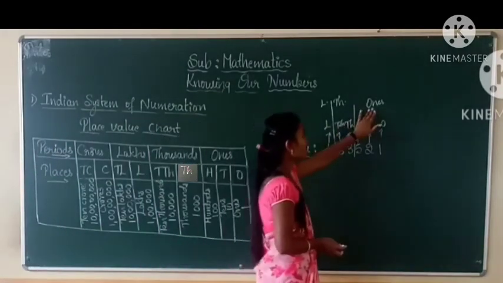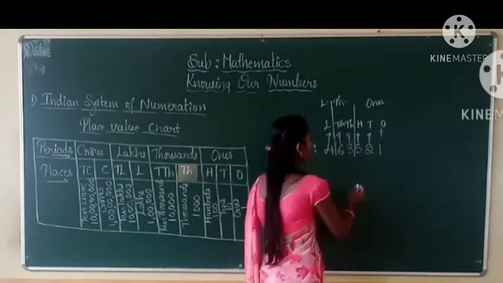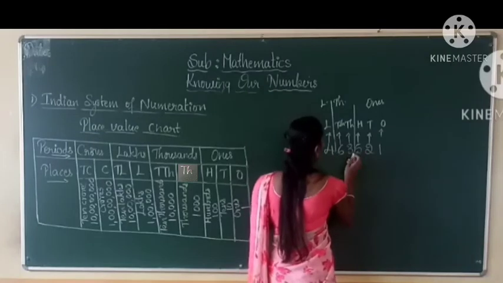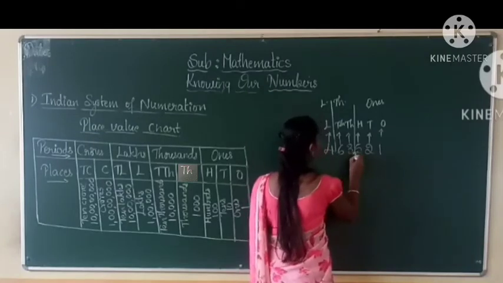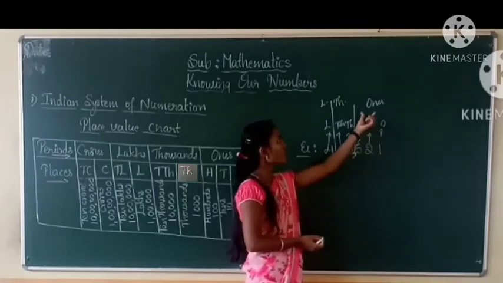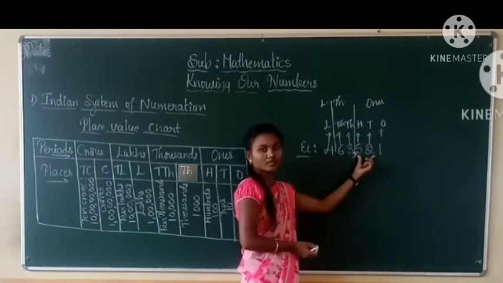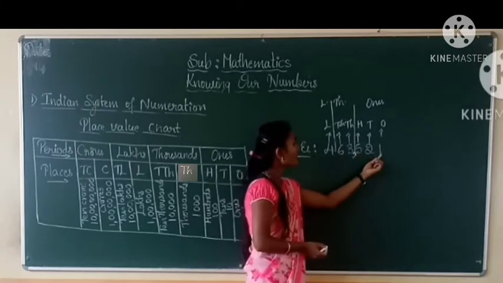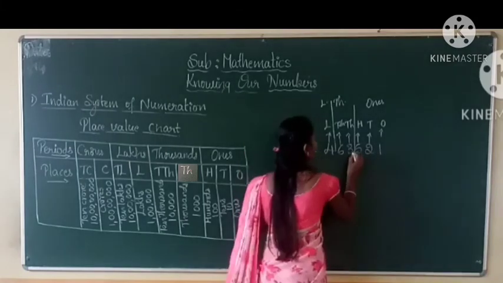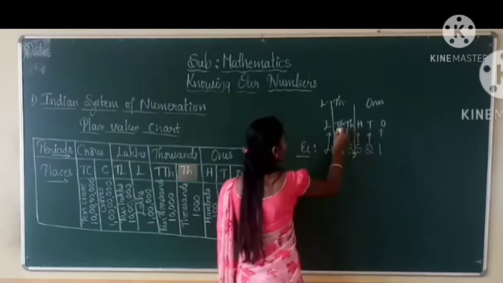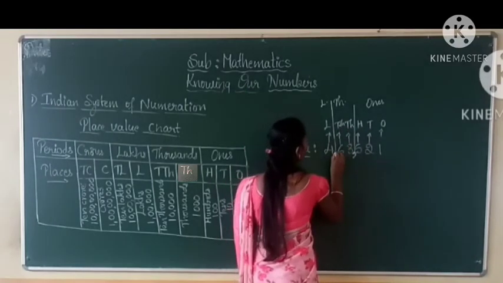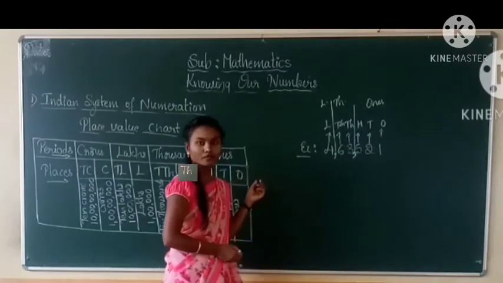The first period is ones period, therefore put one comma after these three numbers, because ones period ends with these three places. Again after two numbers put one comma.